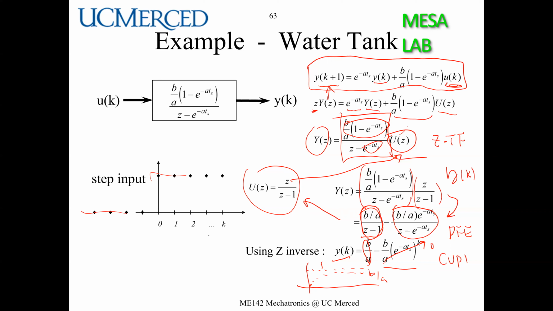When b is not the same as a, then this is not going to coincide, okay. So that means you can use the simple water tank or temperature control system, solving the first order difference equation, okay, using z transform and z transfer function.